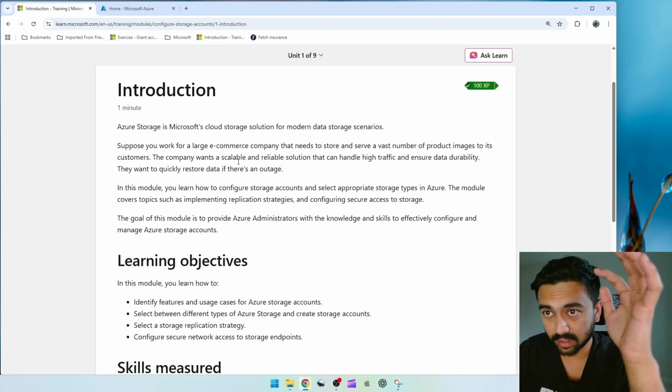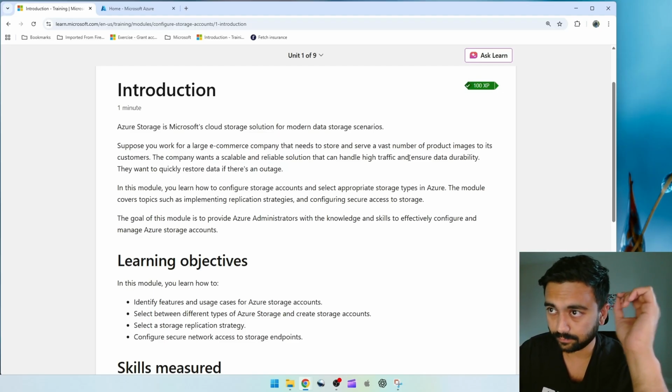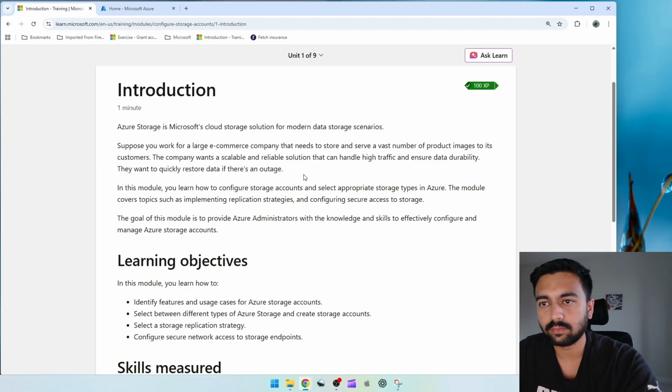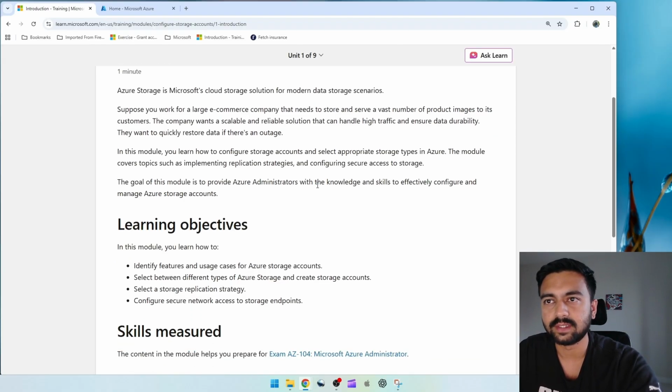We're going to be covering all these topics, which are separate topics on their own, so we will cover what all these mean.